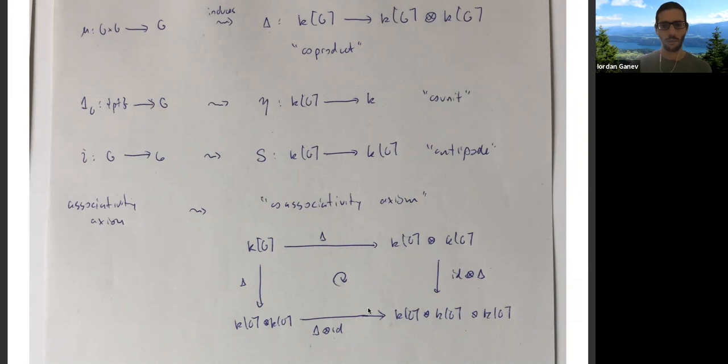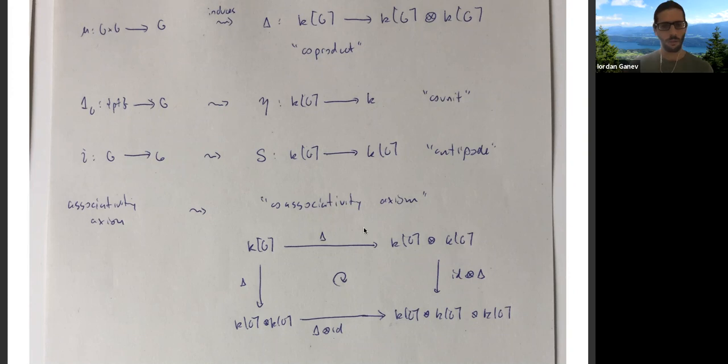It's just this diagram being commutative. One can write out the co-associativity axiom in terms of symbols, using notation for this map delta of f.